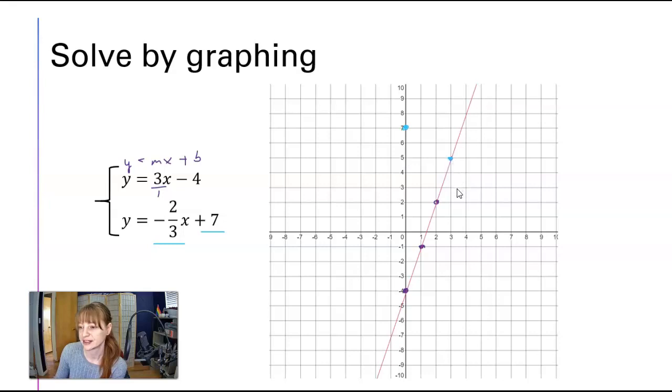And again, we can continue doing that to make more points if we want to. And then we draw that line. Oh, it won't let me move that line. Here we go. We draw this line straight through all these points.